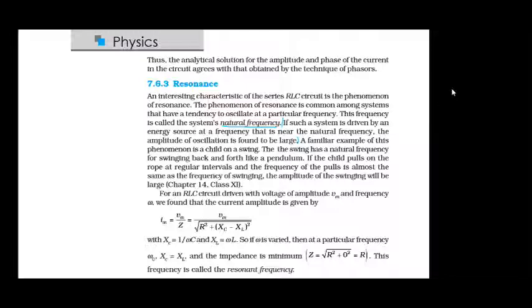Say a system has a natural frequency eta, and some energy source is there which is also producing a frequency, say delta.